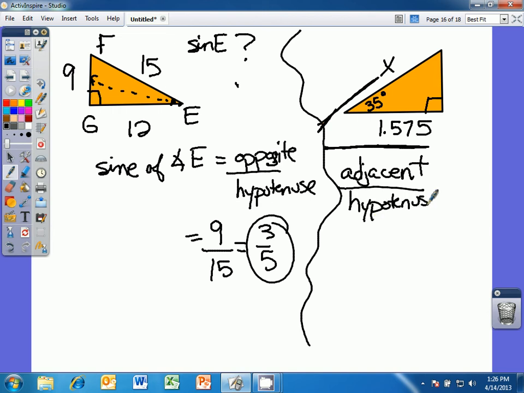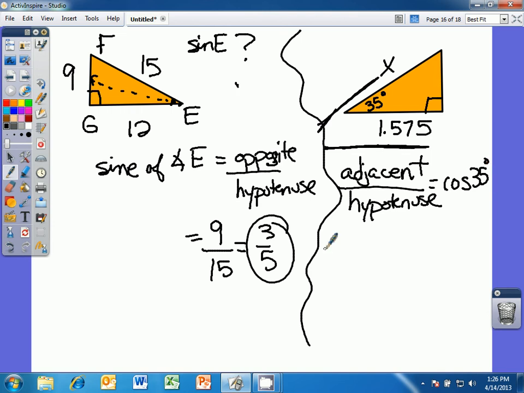So which trig function has to do with the ratio adjacent over hypotenuse? That is the cosine. So the cosine of the 35-degree angle is equal to the adjacent over the hypotenuse. Let's fill in all the information that we're given.